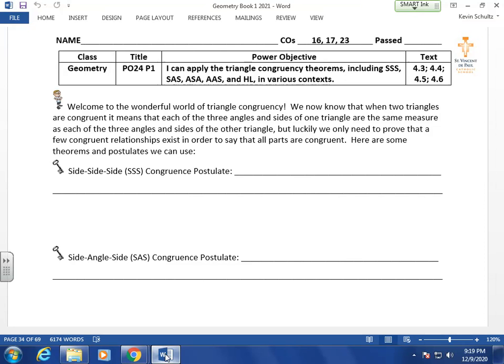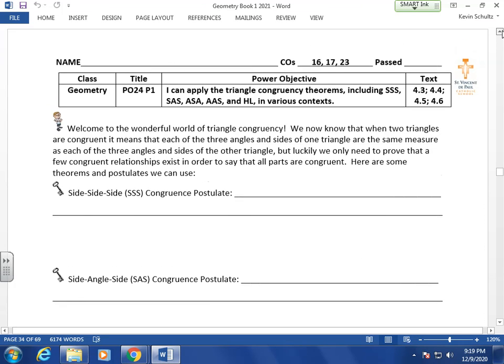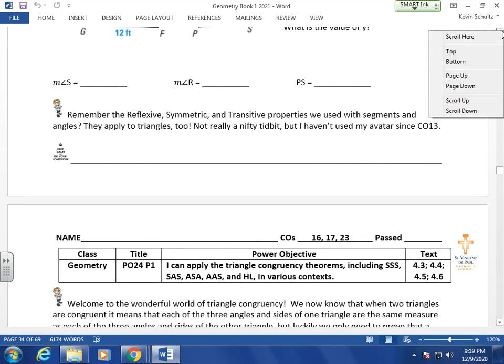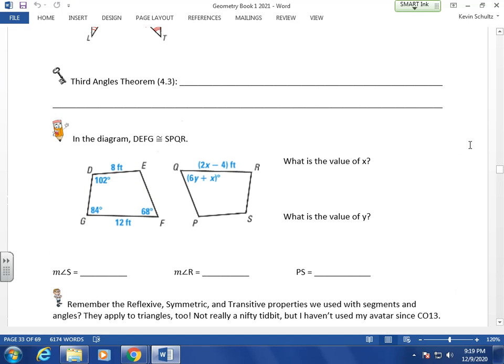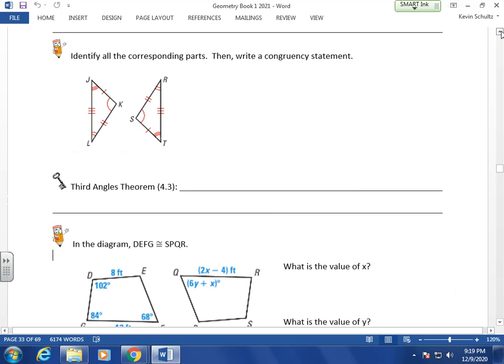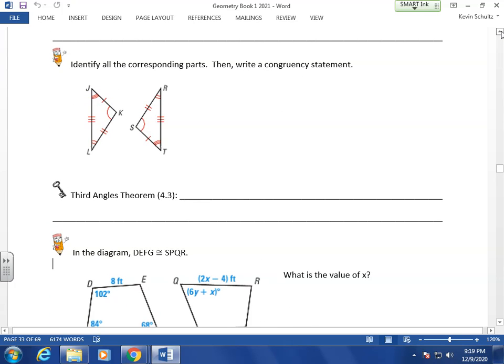In PO23, we talked about triangle congruency, and we looked at some triangles that are congruent, and we talked about what that is, corresponding parts. So basically, congruent triangles are triangles that are the same size, the same shape, obviously triangles, and all of their corresponding parts have the same measure, okay?